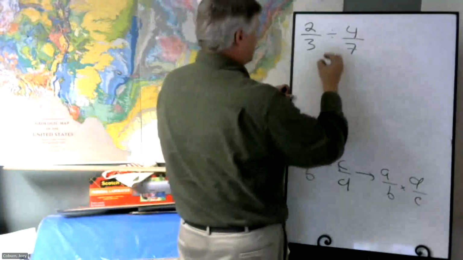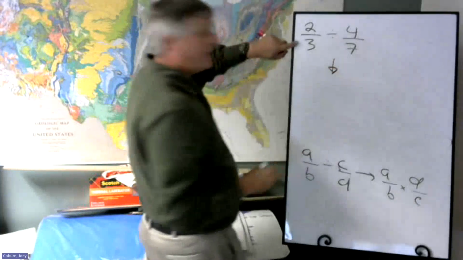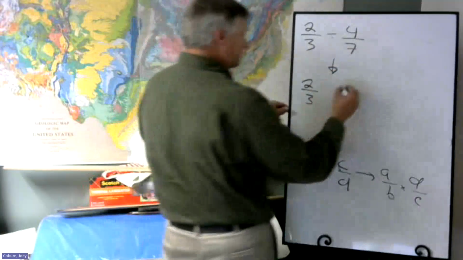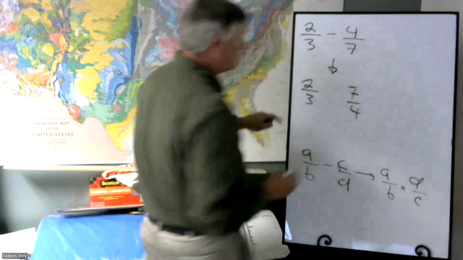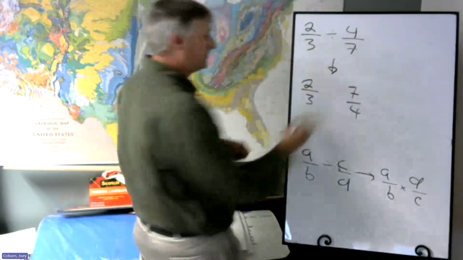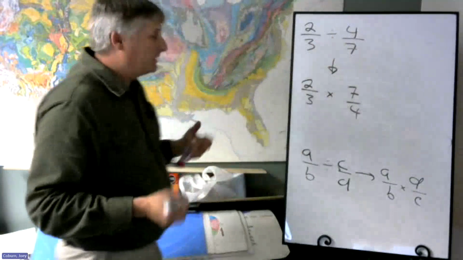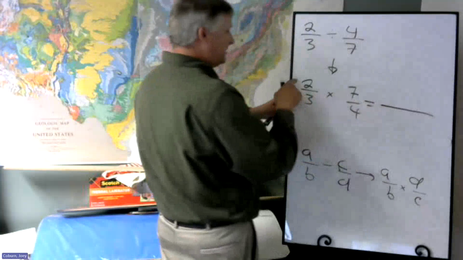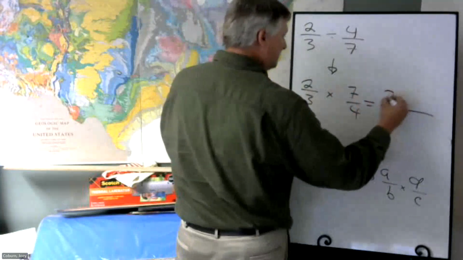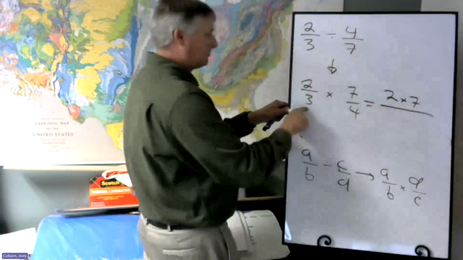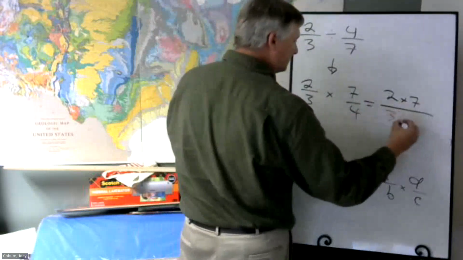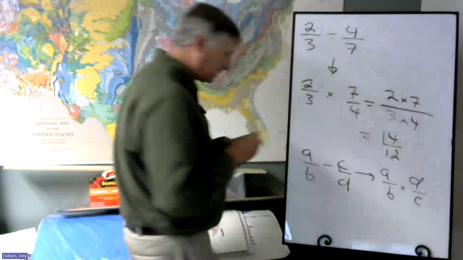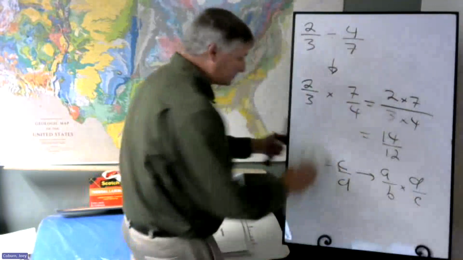Well, we keep the first fraction, flip the second fraction, change division to multiplication. All right, and now we just have to multiply. Directly, 2 times 7, and 3 times 4. 14, 12. Now again, we might have some extra work.